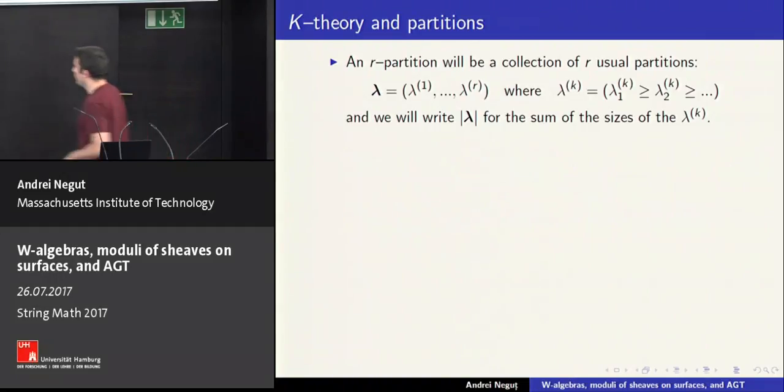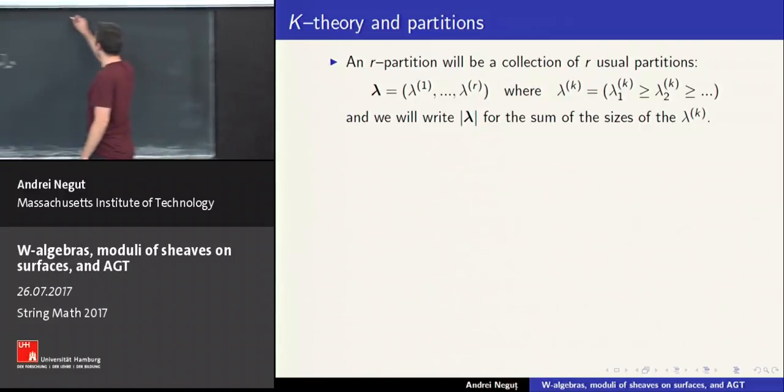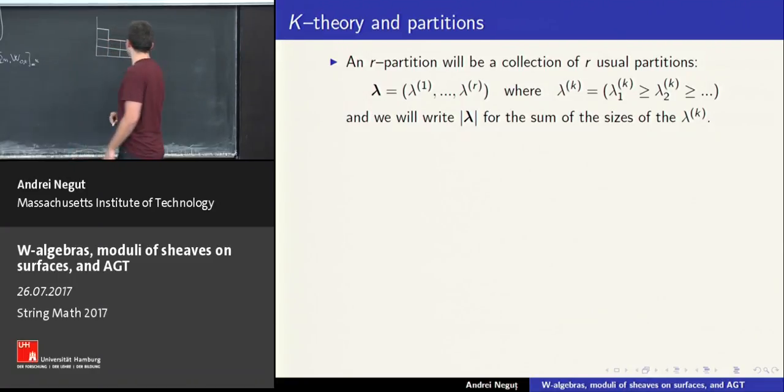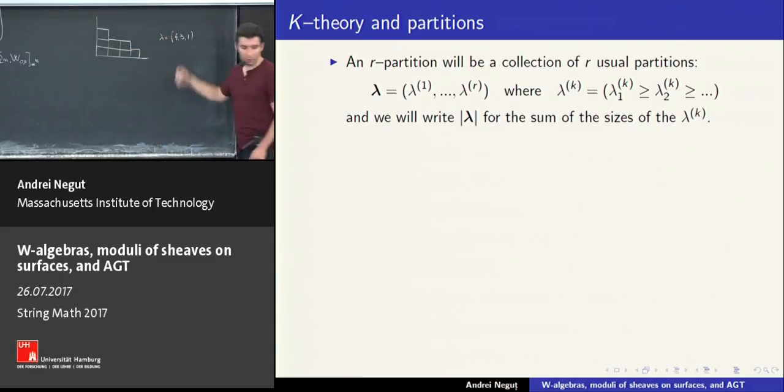So actually, let me draw for you a partition in terms of its Young diagram. A Young diagram of a partition is a set of boxes in the first quadrant of the plane. This particular Young diagram corresponds to the partition lambda, which is 4, 3, 1, because it has 4 boxes on the bottom row, 3 boxes on the next one, and 1 box on the top row.